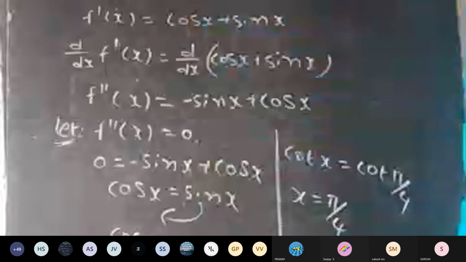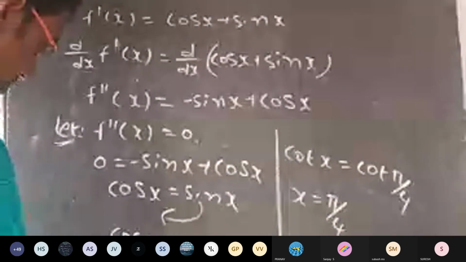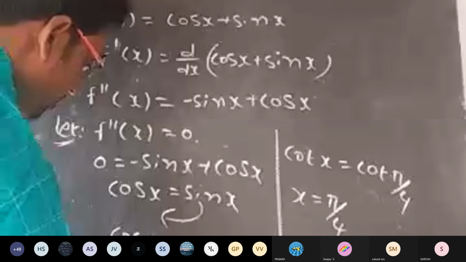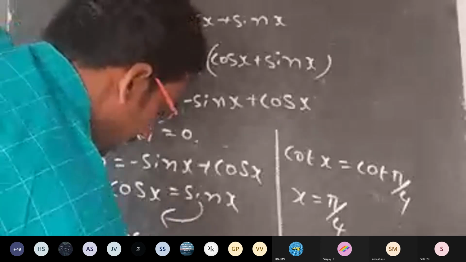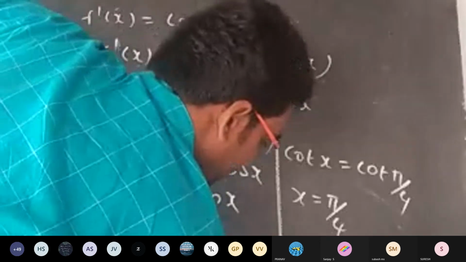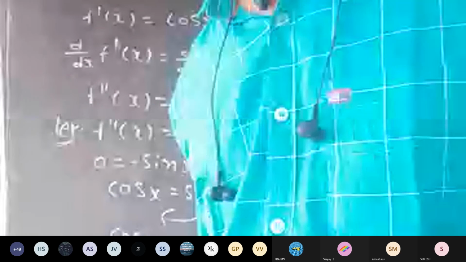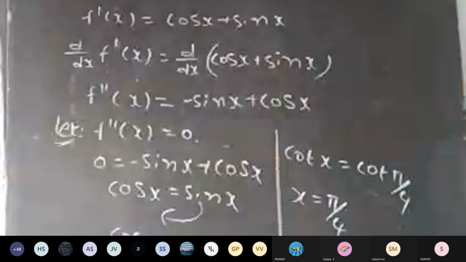Again you have to write f of pi by 4, which means sin pi by 4 minus cos pi by 4. Already you know the table: 0 degrees, 30 degrees, 45 degrees, 60 degrees, 90 degrees. Pi by 4 means 45 degrees. Once you can copy.